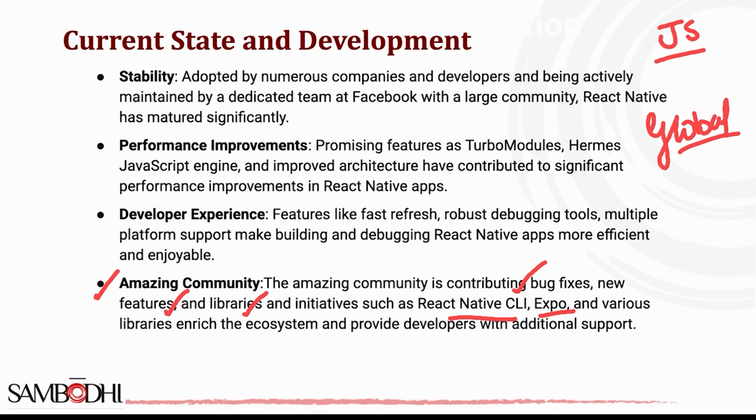You may get all of the solutions whenever you get stuck on React Native. You may get solutions on Stack Overflow, and you can even ask on Reddit. There are many Discord communities available specifically for React Native. These are the hubs where you can go to share knowledge as well as gain knowledge.